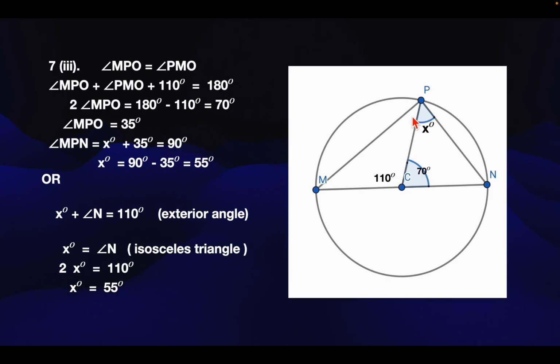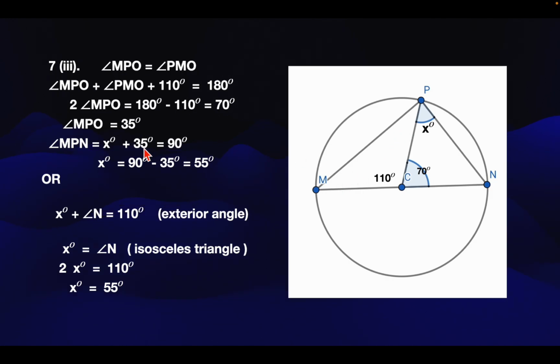These two angles are equal. So 2 times MPO, that is 2 times this angle, is equal to 180 minus 110, that is 70. So this angle becomes 35 and this angle is 35. So we found these two angles.